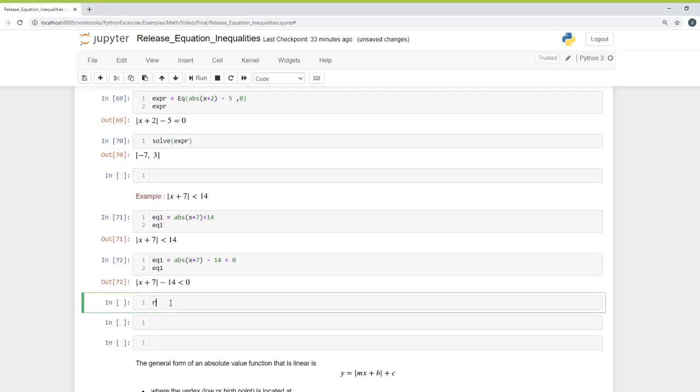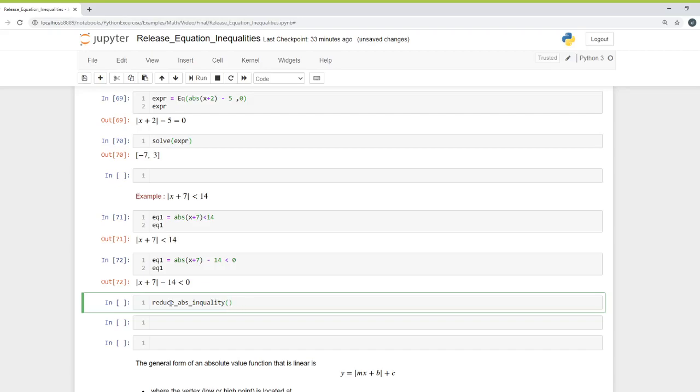To solve this, we will call reduce_abs_inequality.